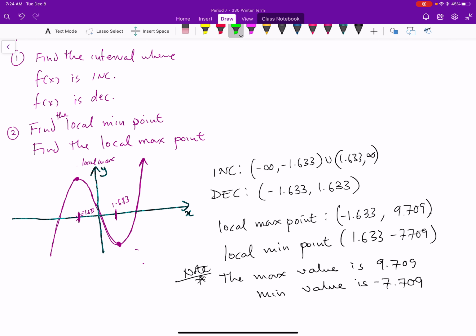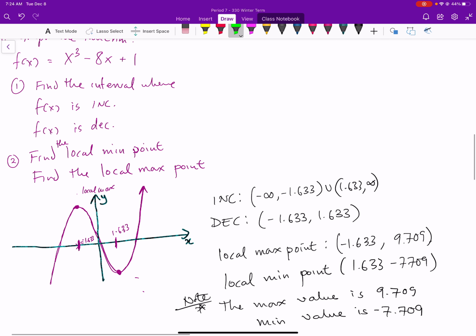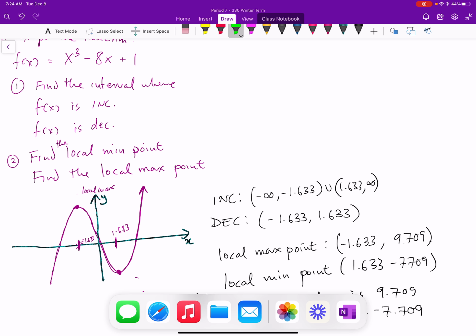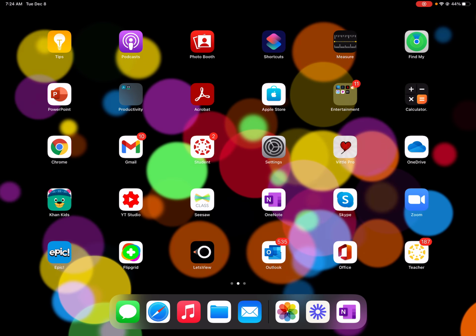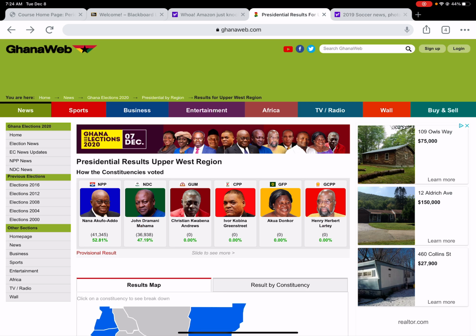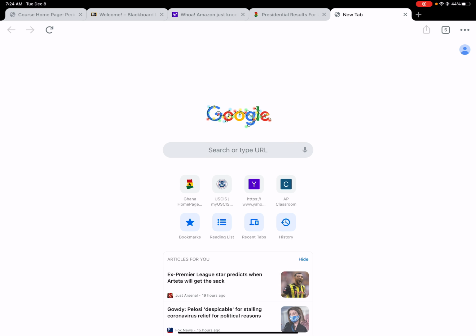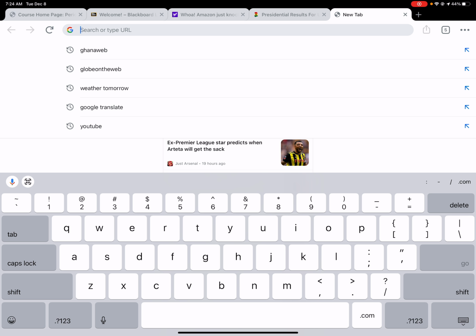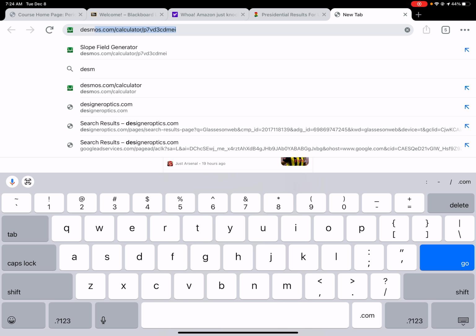It says here, where is it increasing? So let's plot this in decimal so that everybody can see it too. Okay, so it's x cubed minus 8x plus 1. Okay, so let's do decimals.